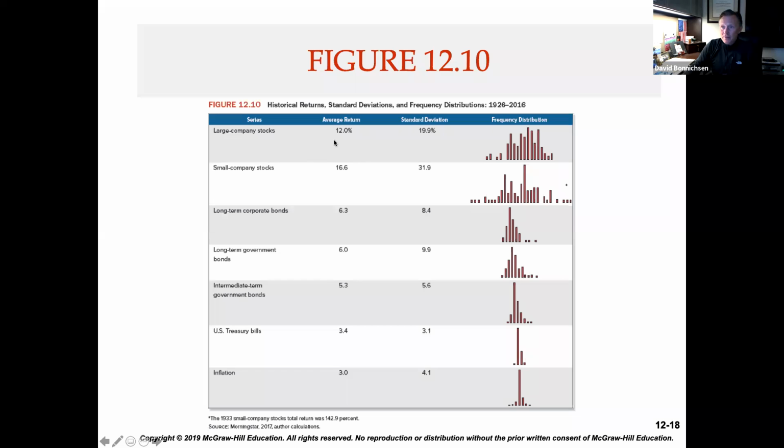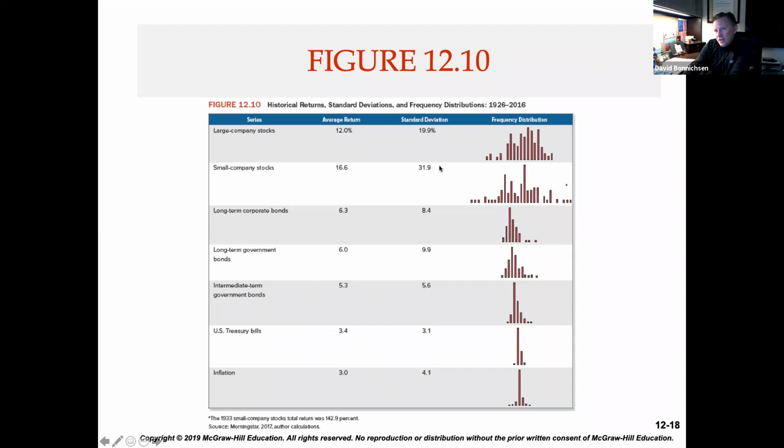Large cap stocks had an average return of 12% with a standard deviation of almost 20%. The question that you now should be asking yourself is, am I really being rewarded for taking on that extra risk? So this is great. The numbers tell us directionally, yes, I'm taking on more risk, therefore my return should be higher, and that's what I see. But let's look at it through a different lens.